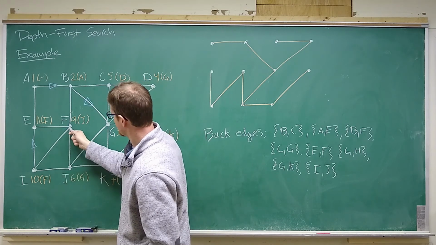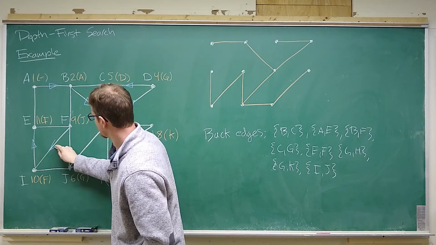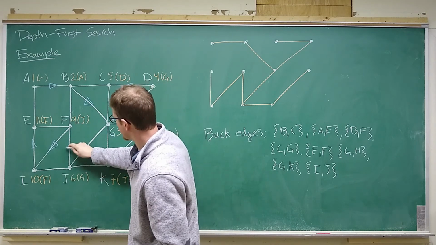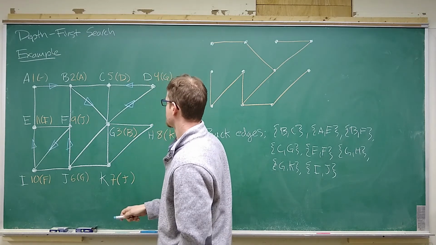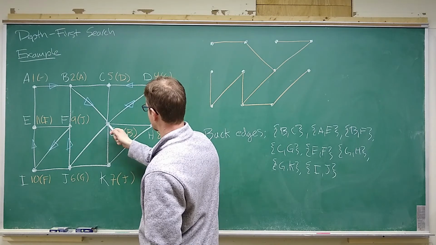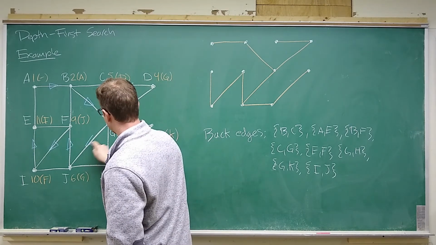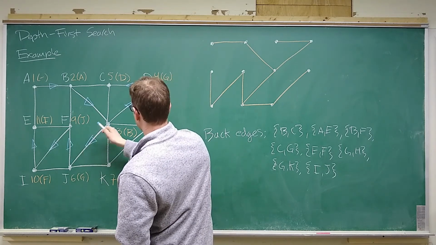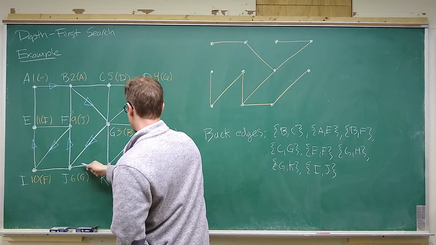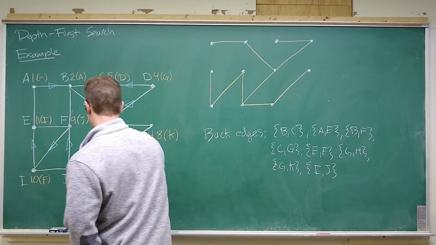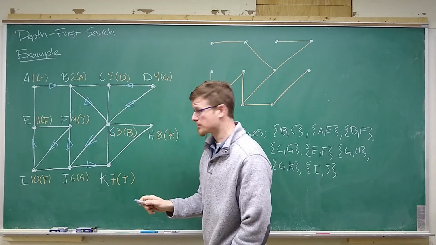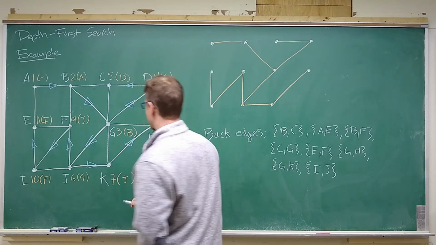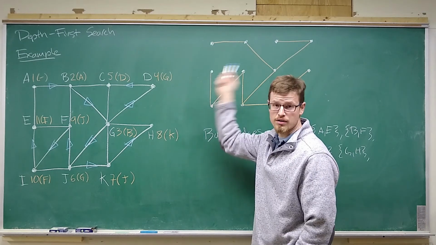This one here, 9 to 10, would go that direction. This edge here, 6 to 9, would go that direction. 3 to 6 would go this direction. Vertical is used, slanted. This guy is used, so 6 to 7 would give us that direction, and 7 to 8 would give us this direction. So that's all of the edges that are part of the tree.